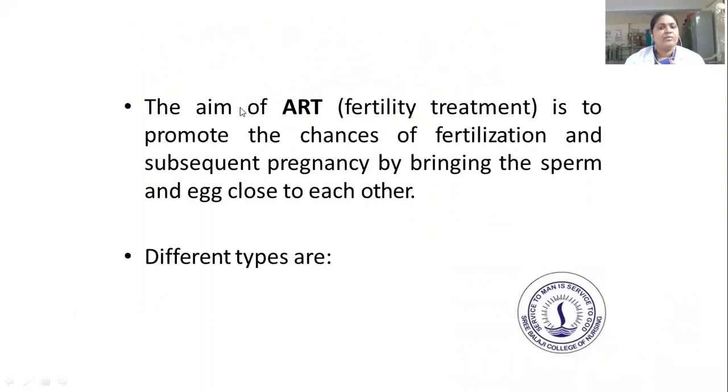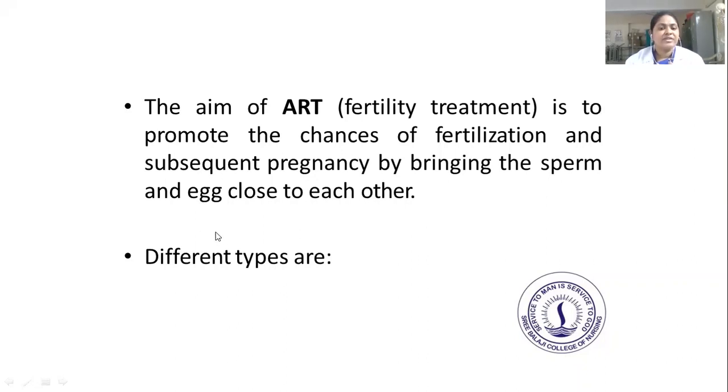First, what is the aim of ART? It is to promote the chance of fertilization and subsequent pregnancy by bringing the sperm and egg close to each other. So this is mainly how the treatment is going to happen. They are going to bring the sperm and the egg close to each other, and they are going to treat and give them a birth.